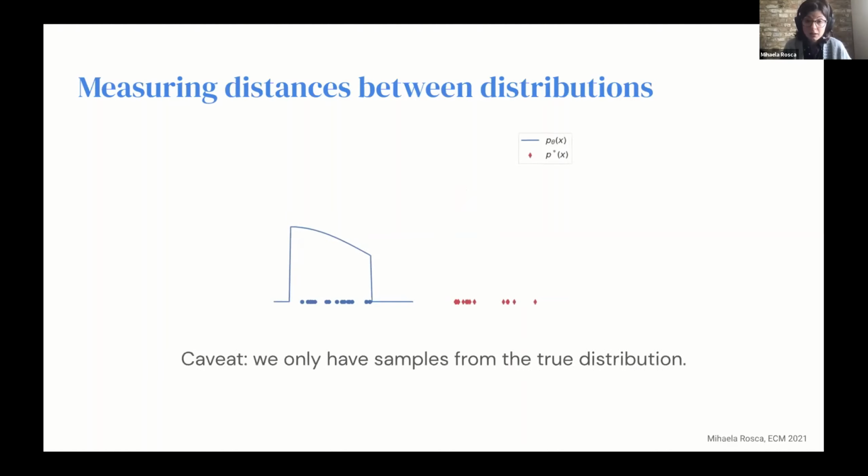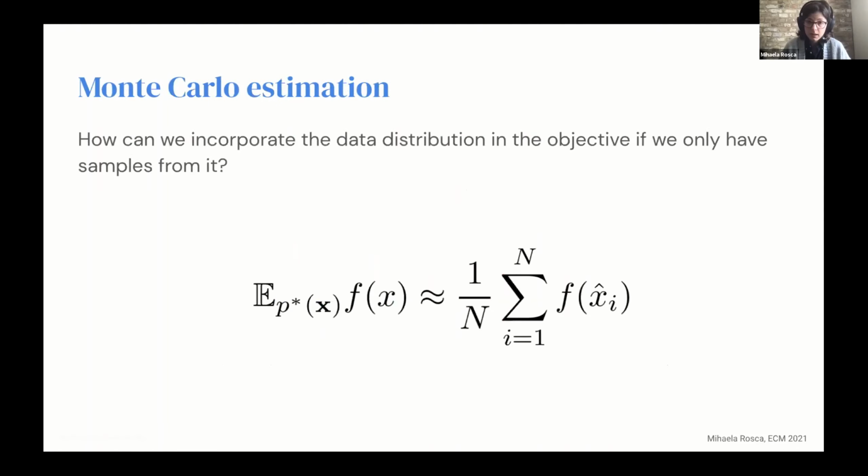Now, there is a challenge here, of course, that in the problem of generative modeling, we don't have access to the true distribution. So we are looking for distances that can be evaluated only using samples from the true distribution. Because if we have samples from the true distribution, then we can use unbiased estimates of functions that look like this.